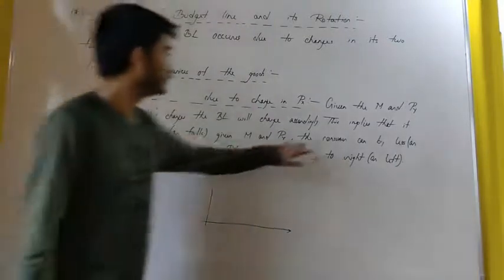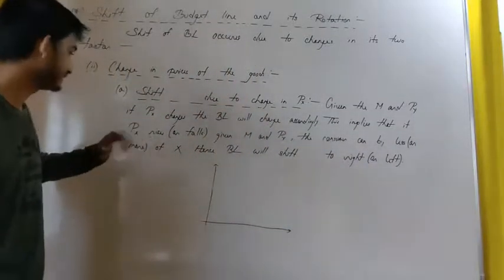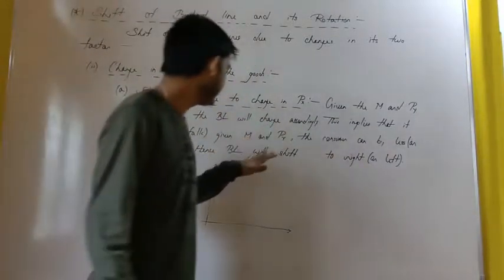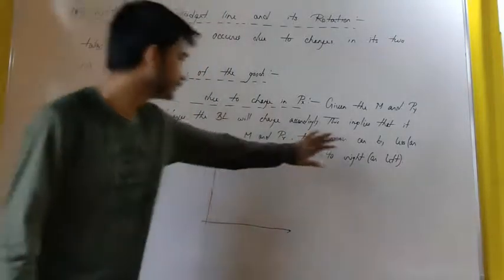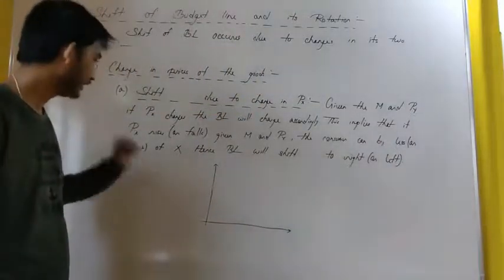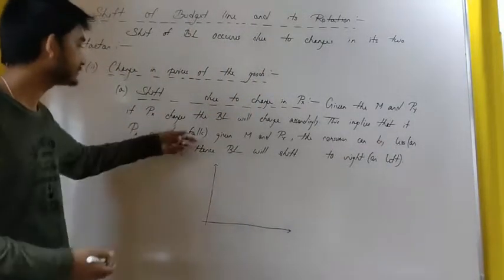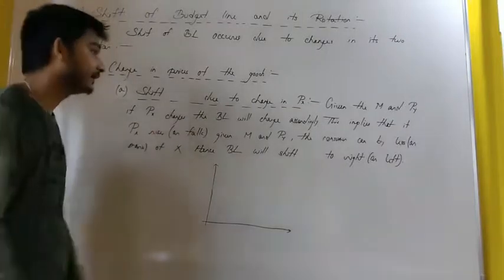This implies that if PX rises, given the price of good Y and income, the consumer can buy less of good X. The opposite is for the bracketed part.